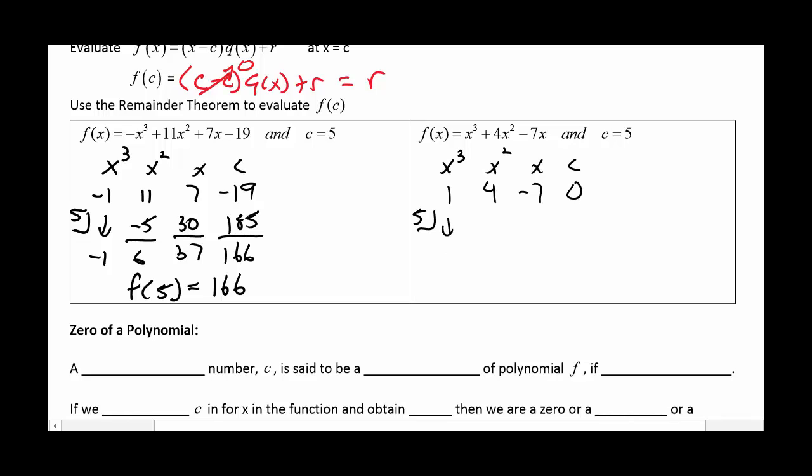So we drop the 1, multiply, combine like terms, multiply, combine like terms, oops, that's 45, isn't it? Oh, good thing I caught that. Combine like terms, we should get 38, and then 5 times 38, let's see, 5 times 30 is 150, another 40, so it's 190. So we get 190 there. Okay, so f of 5 happens to be 190.